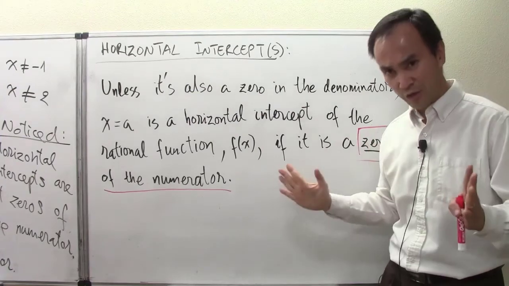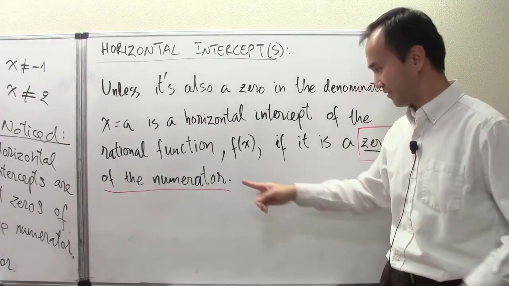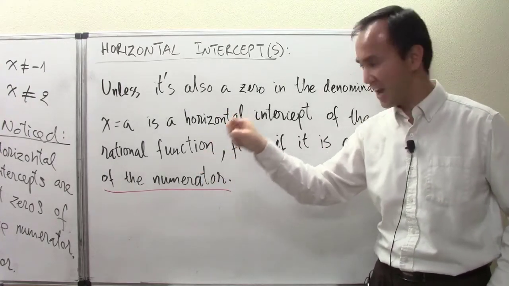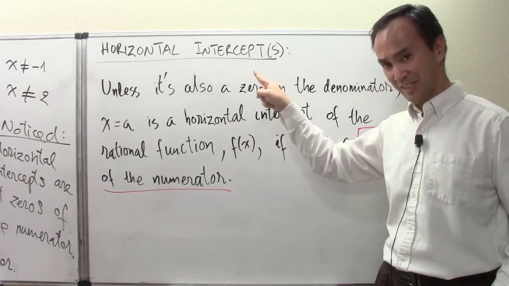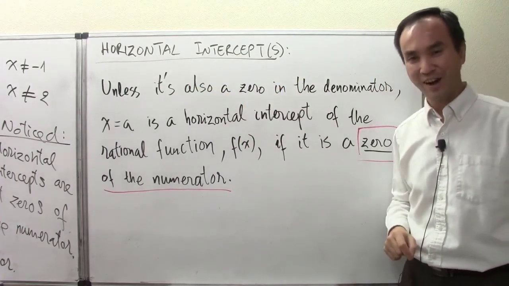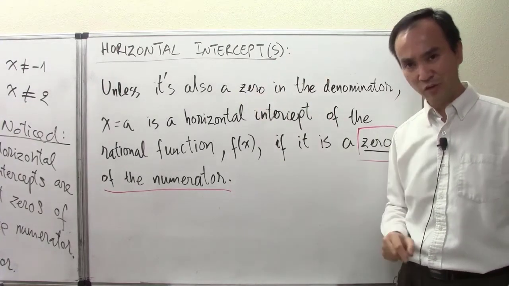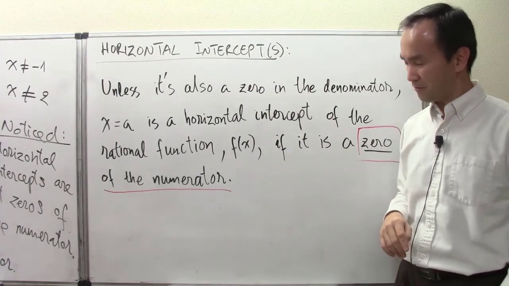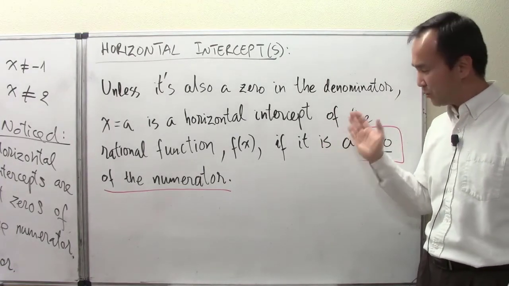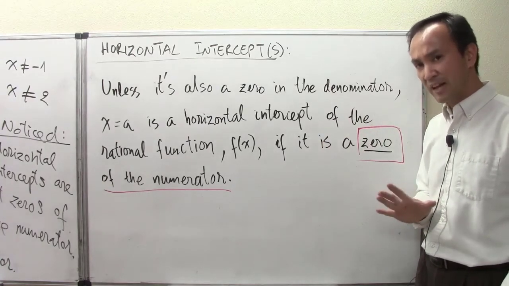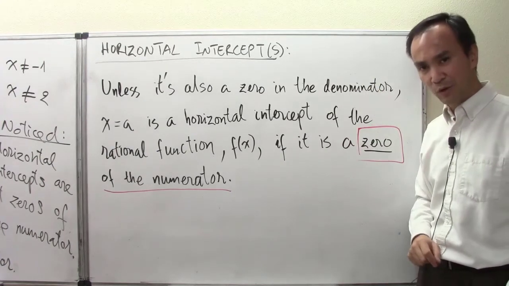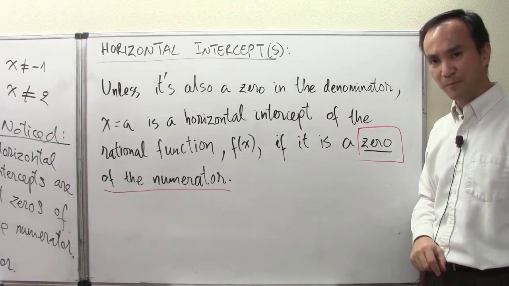So as a general rule, anytime we recognize a zero in the numerator, it will be a horizontal intercept, unless it is also a zero in the denominator. That comes right out of the observation we made throughout the four demonstration problems. Feel free to pause the video to copy down the notes, the wording I have here, and think about that for a moment. Then as you resume the video lessons, we are going to get to the other board and work through some actual examples.